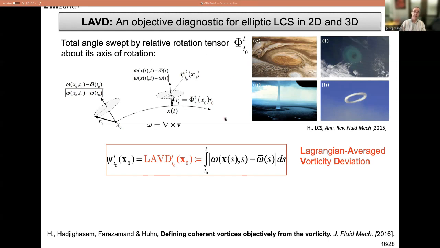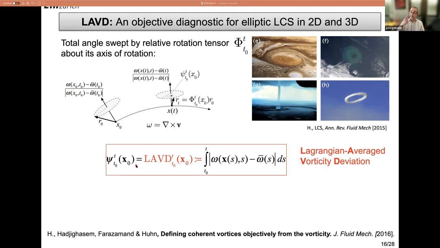If you identify its axis of rotation, that turns out to be nothing else but the deviation of the vorticity from the spatially averaged vorticity, here normalized, so this vector. And if you measure the rotation along that as you travel along a trajectory, that angle, we call it the dynamic rotation angle, turns out to be objective, and it's computable.